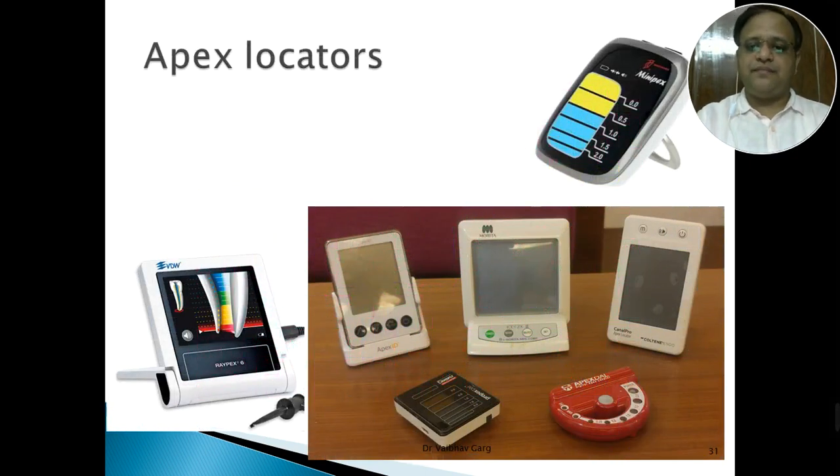So the apex locators have evolved over a period of time, from big screens and tabletops to very handheld and very small apex locators, like you can wear them on the ring. Also in the new age, some touch screen type apex locators have been introduced. These are very helpful, and they are an integral part of endodontic treatment in today's time. No clinician will attempt doing a root canal without the help of apex locators.